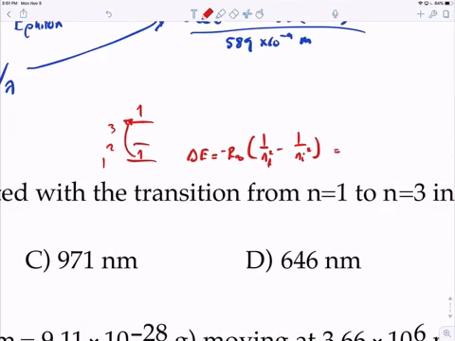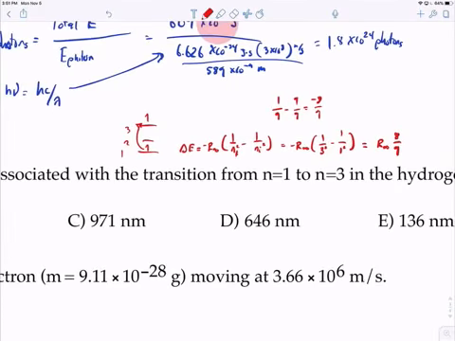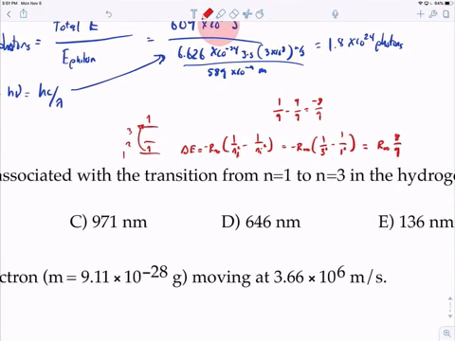So equals minus the Rydberg, 1 over 3 squared minus 1 over 1 squared. So 1/9 minus 9/9 is minus 8/9. So equals Rydberg constant times 8/9. I'd rather do it the easy way.